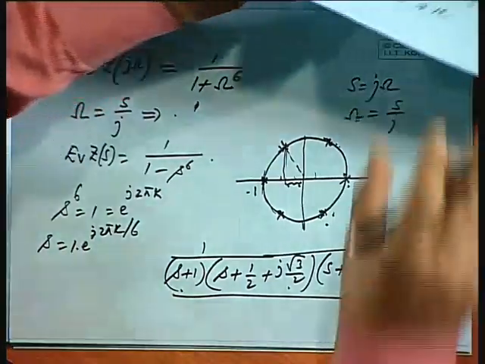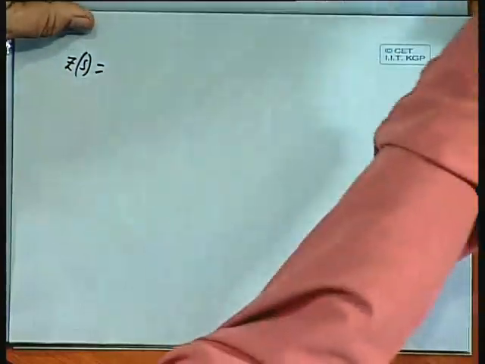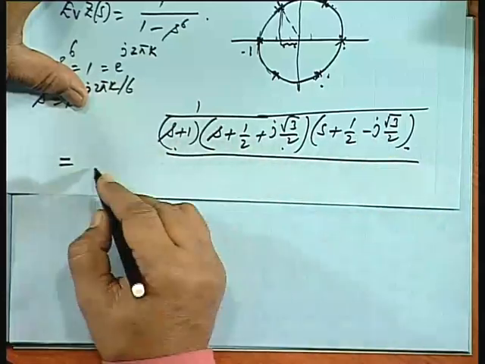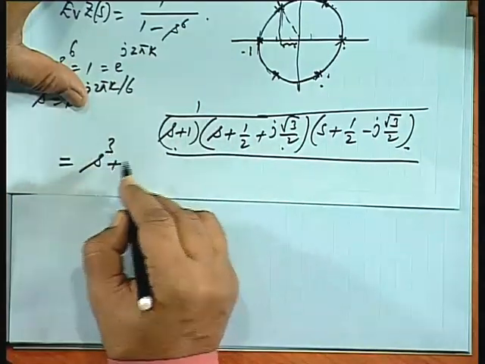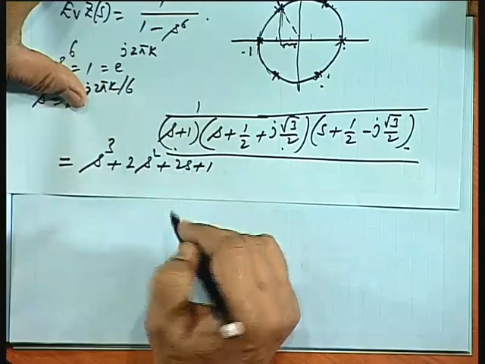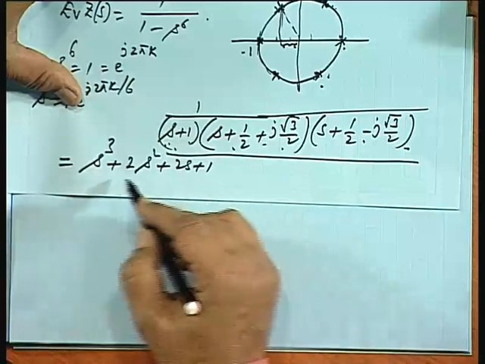If that be so, then let us go back to our original function. Z(s) therefore can be written as, if you simplify this, it will be s cubed plus twice s squared plus twice s plus 1. You just multiply and then multiply by s plus 1, it gives you this.